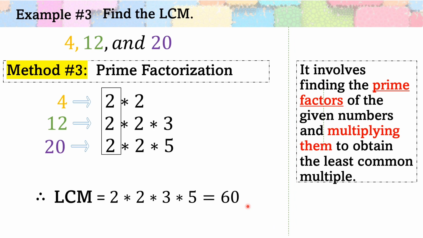So we're going to write each set once. Okay, there you go. And then copy 3 and 5 and perform the multiplication. Therefore, we got 60. Okay, so I hope this helps you in finding the LCM for any given numbers.